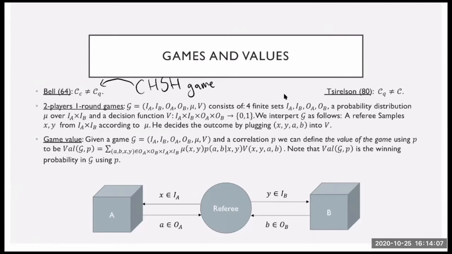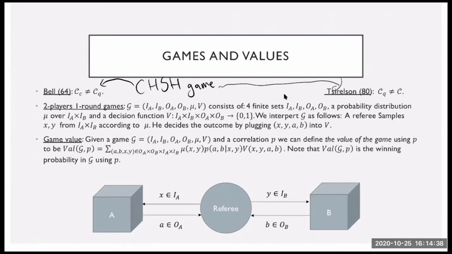And Tsirelson used the same game to show that the set of quantum correlations is not the set of all correlations. Actually, he proved something stronger, and I will come back to it when we talk about Tsirelson's problem. But this idea that we have convex sets and there is some functional that separates them. To generate such functionals, we said last time, we use games.